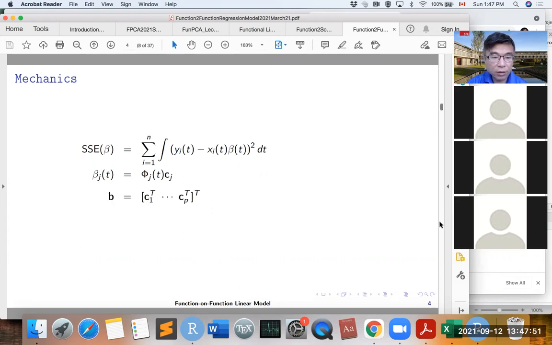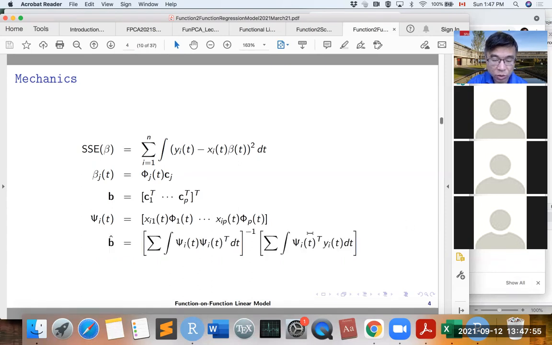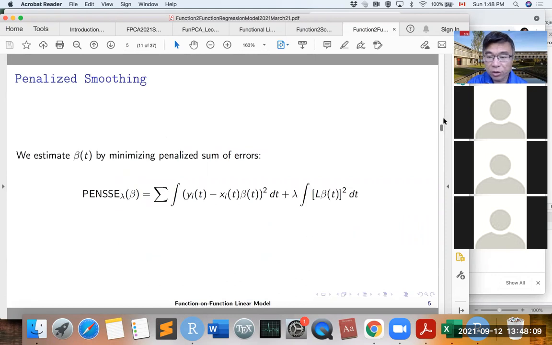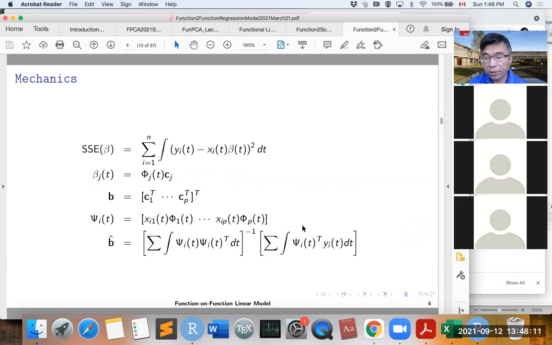Then we can write down the basis coefficient by this least squares estimator. Again here you see that there's no roughness control.